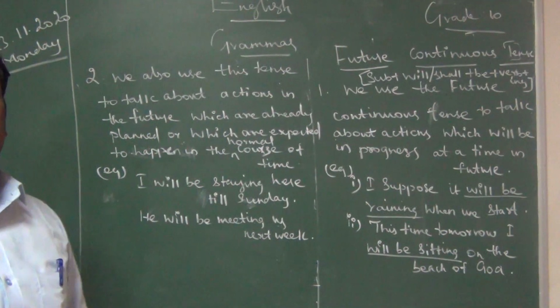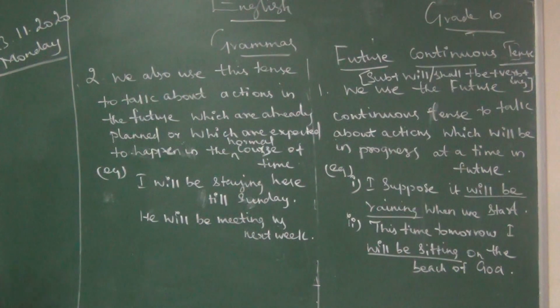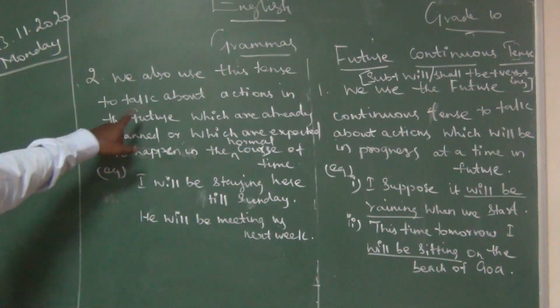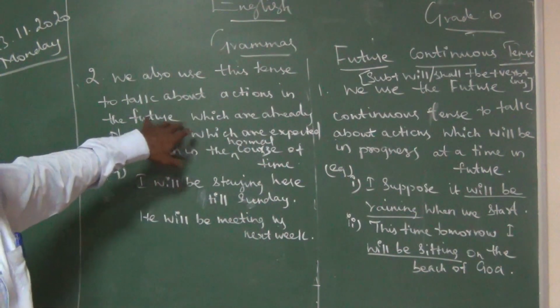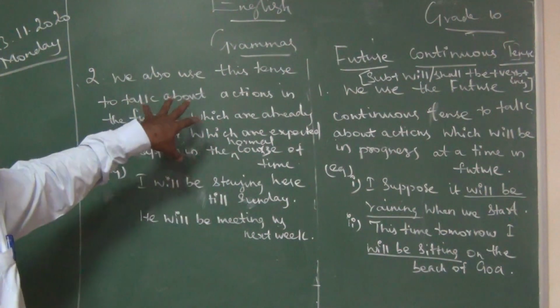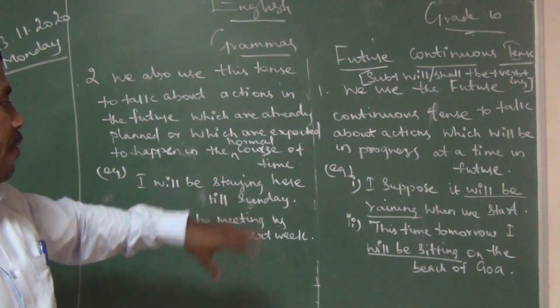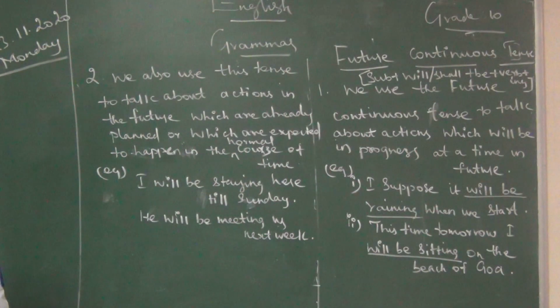So for future continuous tense, we have two rules. One I already said. The second rule is we also use this tense to talk about actions in future which are already planned or which are expected to happen in the normal course of time. I will be staying here till Sunday.